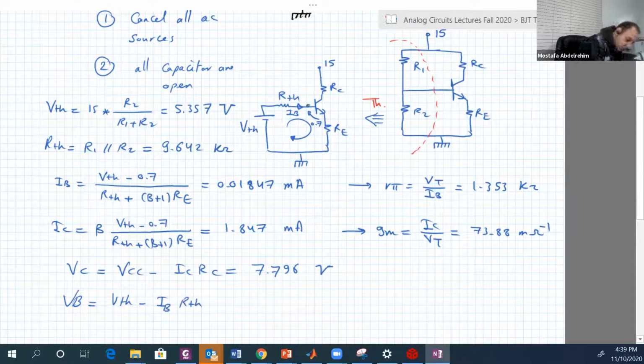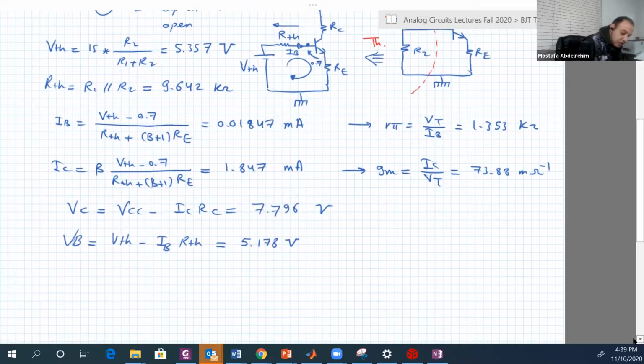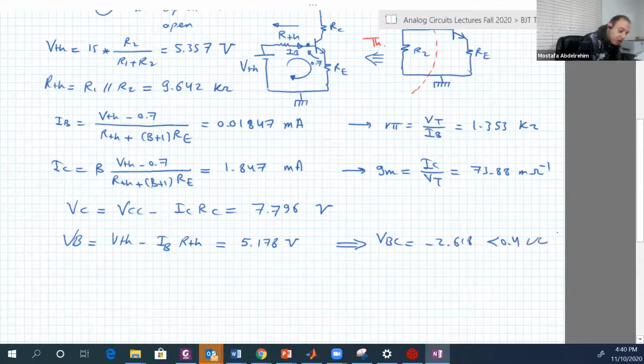This is the voltage at that point, equal to V7 minus the voltage drop across R7. So this will be 5.178 volt as well. And VBC, when you subtract these from each other, will be minus 2.6. Of course, this is less than 0.4, so we are really in the active region, and we should be happy.